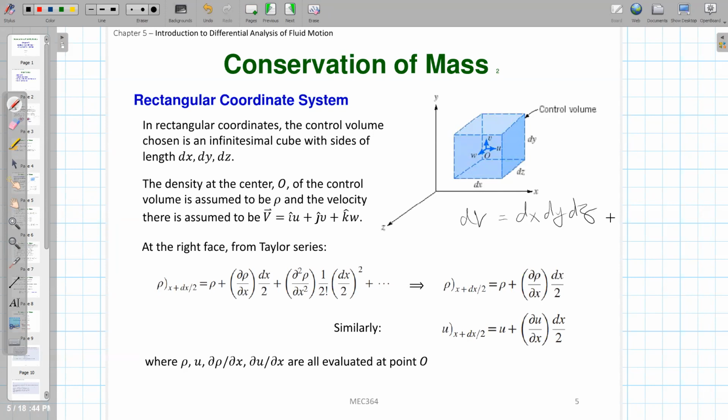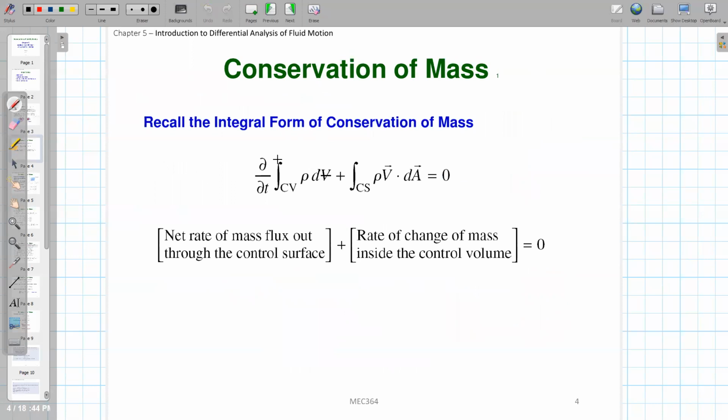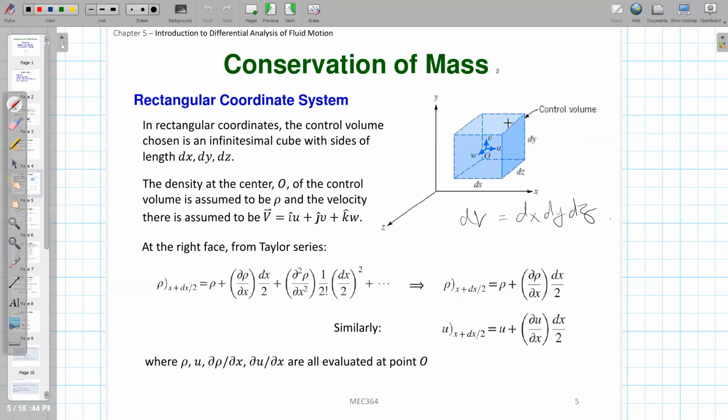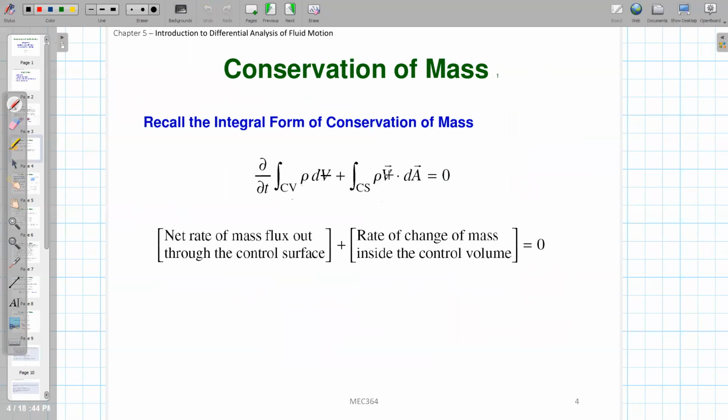If we want to apply the mass conservation, we need to go back to this equation, so we need to calculate these two terms for this small control volume. Let's calculate the second term first. This is the net rate of mass flux flowing out through the control surface.